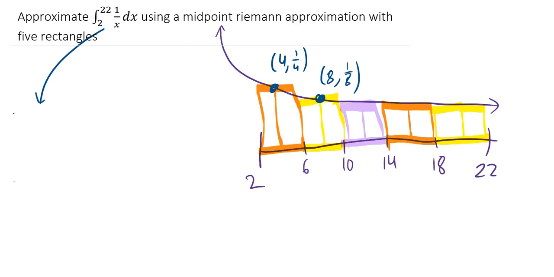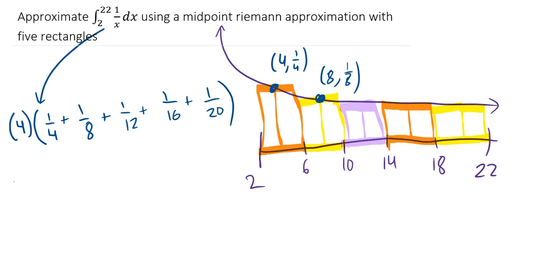Everything is 4 wide, so I do a width of 4 and height of 1/4 is my first rectangle. My second rectangle has a width of 4, height of 1/8. My third rectangle's area is going to be 4 times 1/12. The next rectangle's area is 4 times 1/16. And the last rectangle's area is 4 times 1/20.